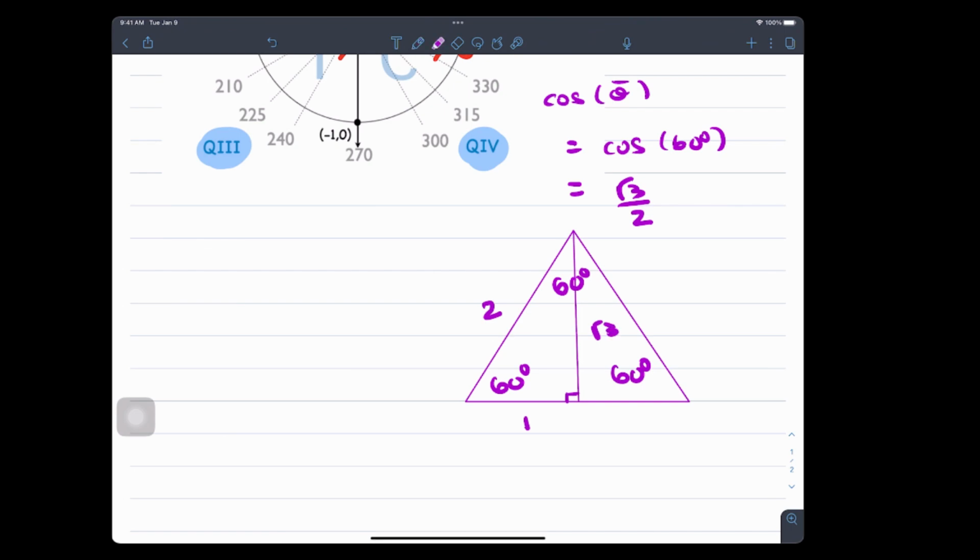So, ladies and gentlemen, guess what? What's that going to be? What's cosine of 60? What's the definition? Isn't the definition of cosine 60 opposite over hypotenuse? So the answer is yes.